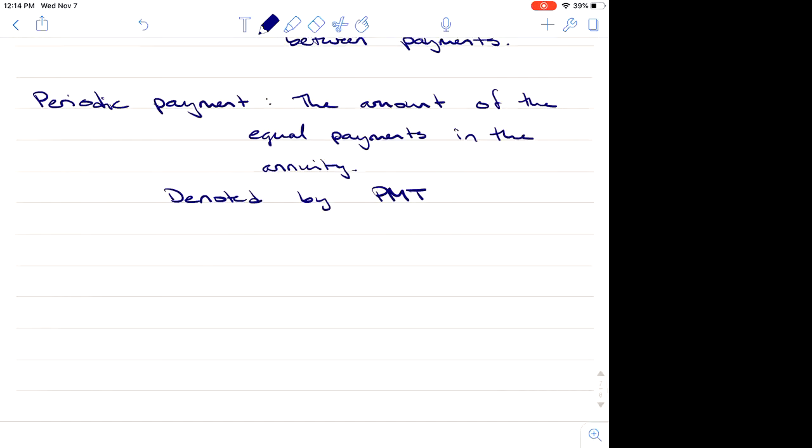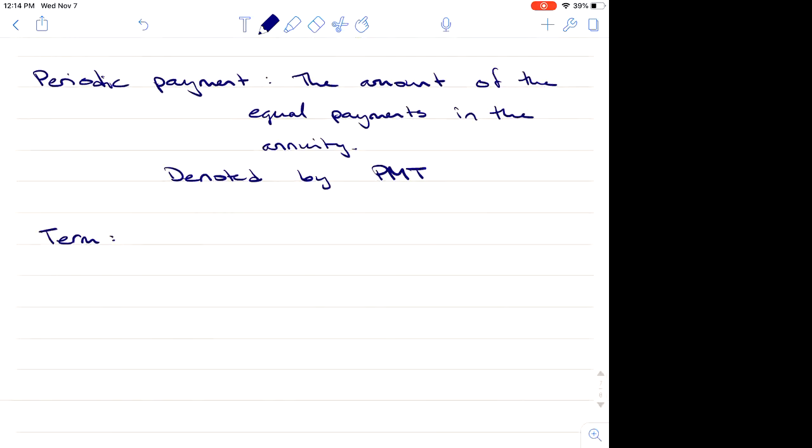And then we'll be throwing things like the term around. The term is just the duration of the payments. So common car loans are, I don't know, 5 years, 4 years, 6 years, 8 years, whatever.